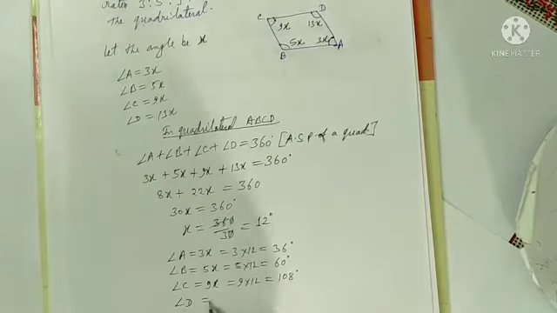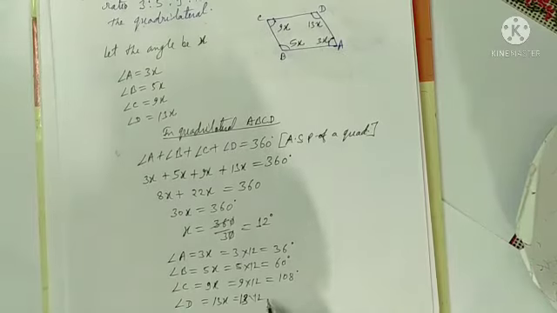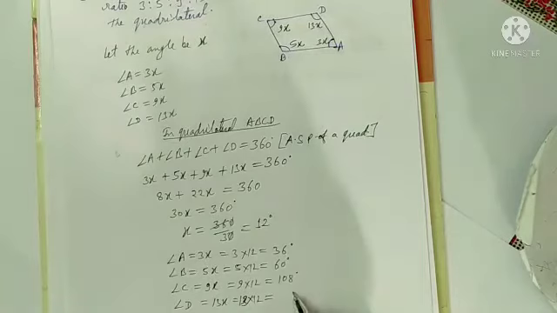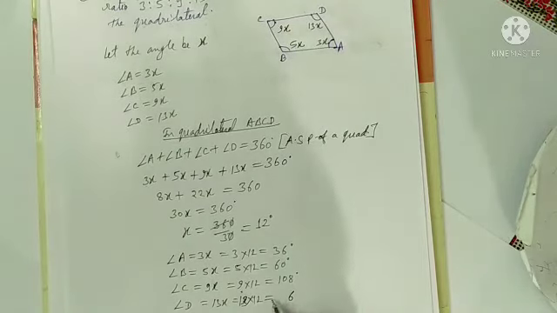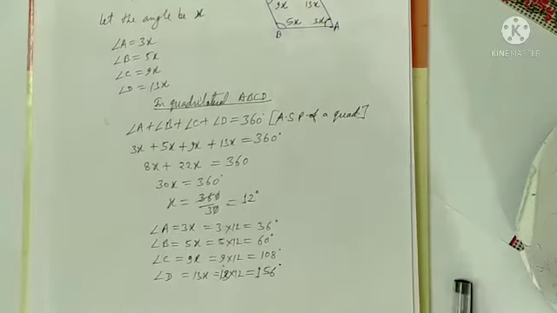Angle D is equal to 13x, that is 13 multiplied by 12. So do the multiplication, 12 and 13. 12 times 3 is 36, carry 3. 12 times 1 is 12, 12 plus 3 is 15. So that is the value of all the angles we have calculated easily.